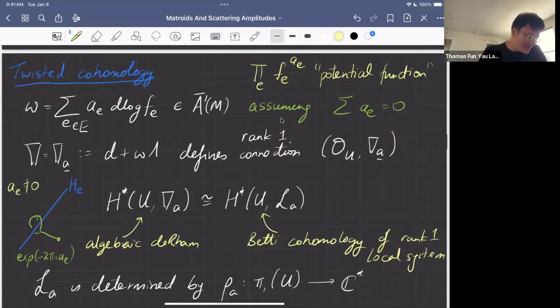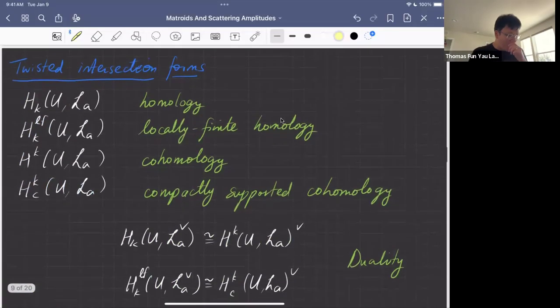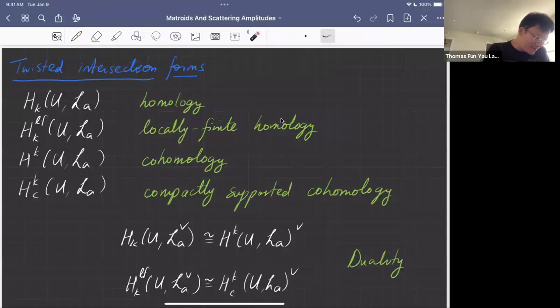Okay, so here I just talked about cohomology with coefficients in a local system. There are actually 4 cohomology or homology groups that are relevant to take here. Instead of cohomology, you could take homology with coefficients in this local system.